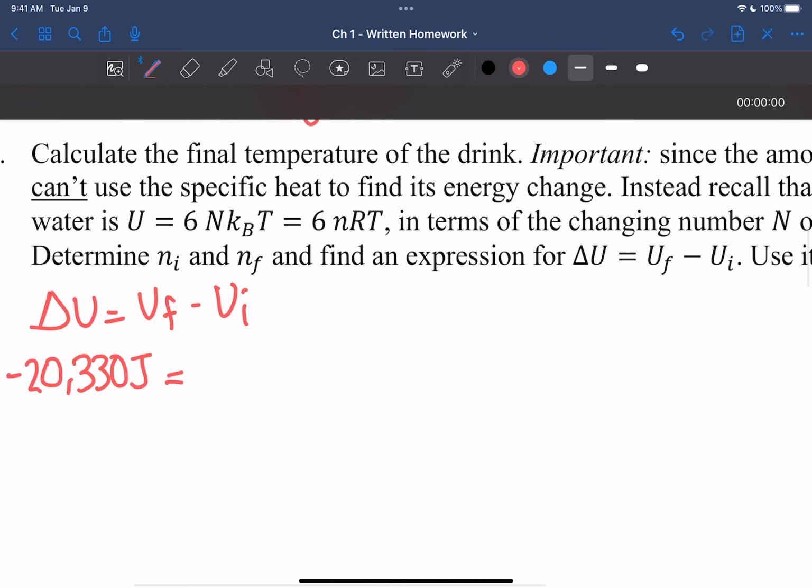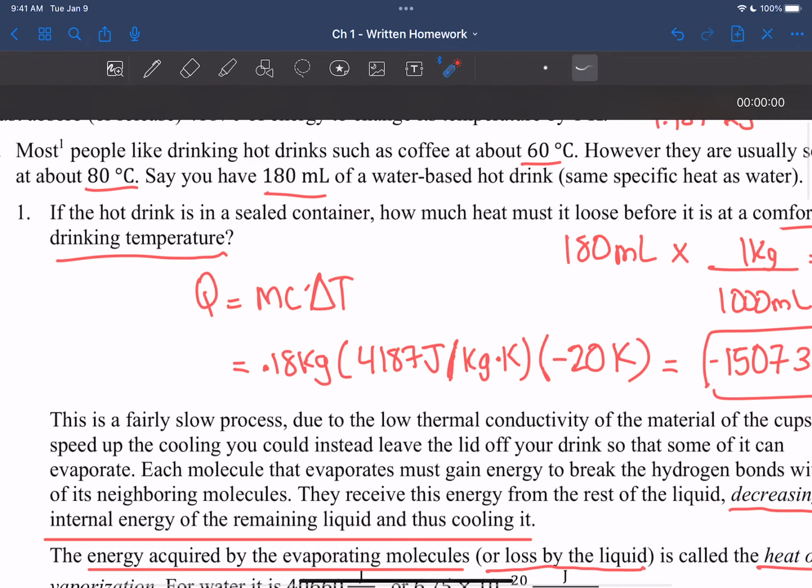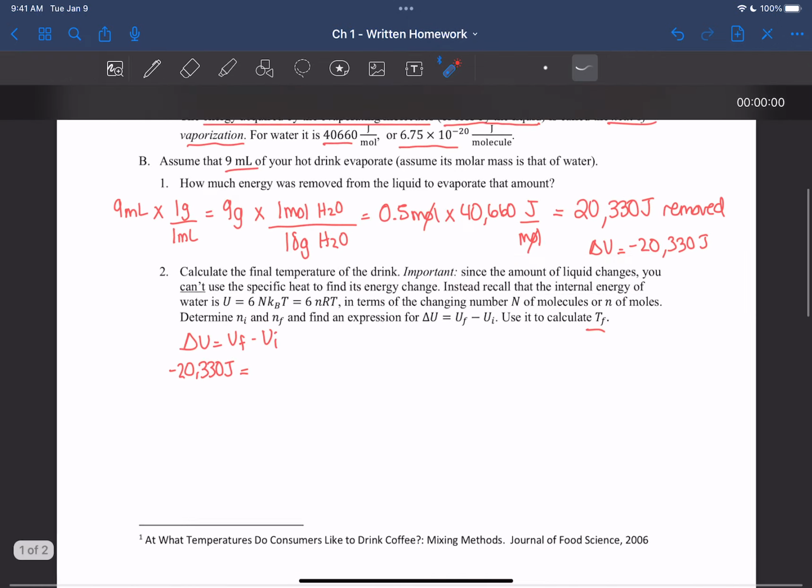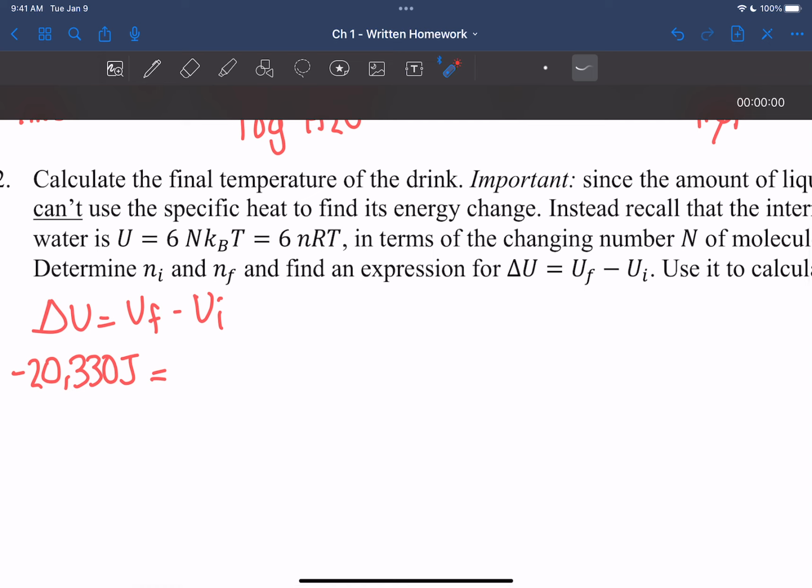So N will be the specific amount of molecules. N final would be whatever you have left over after the 9 milliliters have evaporated. N initial would be the 180 milliliters, whatever amount of molecules that is at the beginning, right? So we can convert that and figure things out that way.